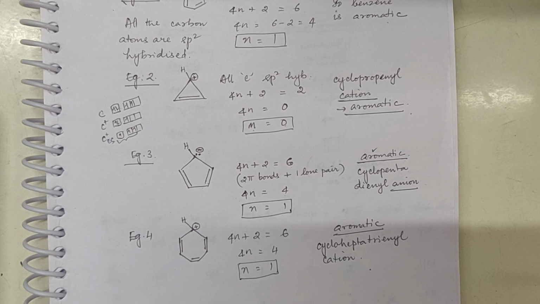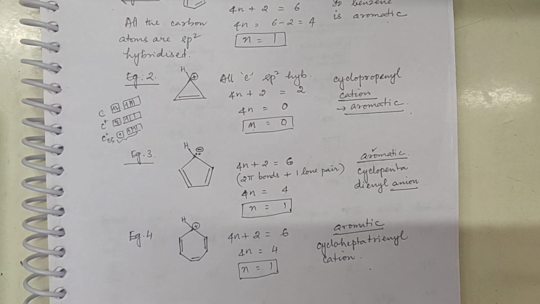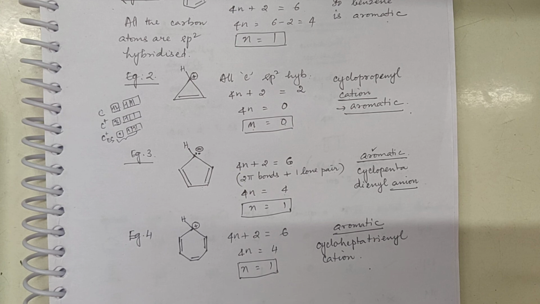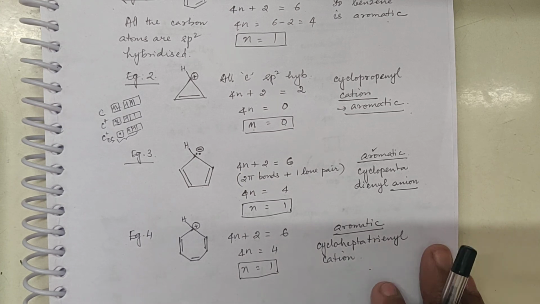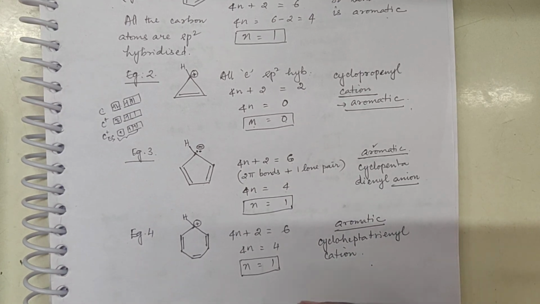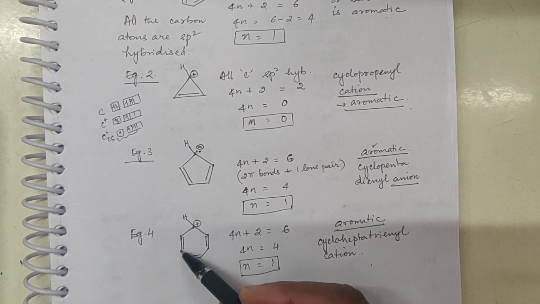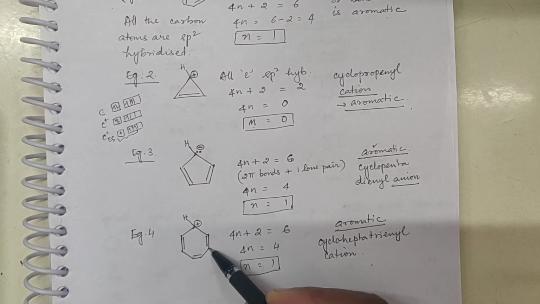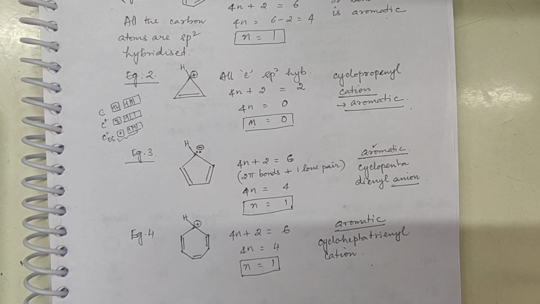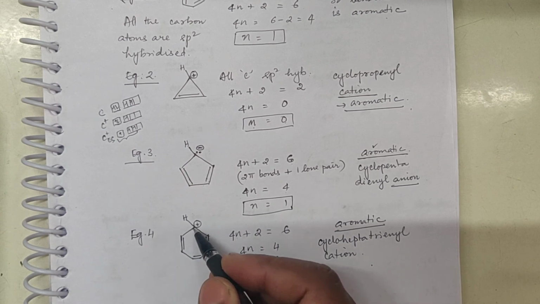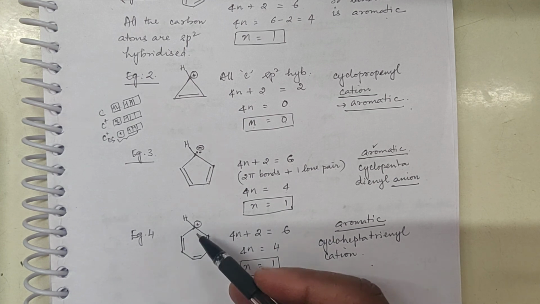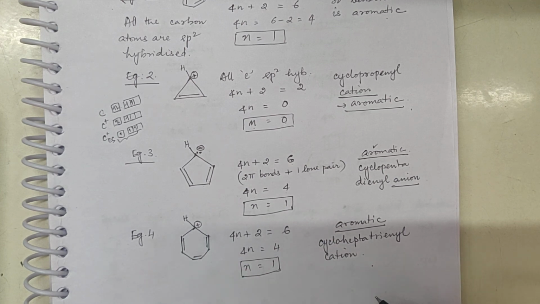Now let us see another. Here you can consider the next example. Look how many carbon atoms are there: 1, 2, 3, 4, 5, 6, 7. There are 7 carbon atoms, cyclic. 3 pi bonds are there. This carbon is positively charged. So all the carbon atoms are sp2 hybridized.